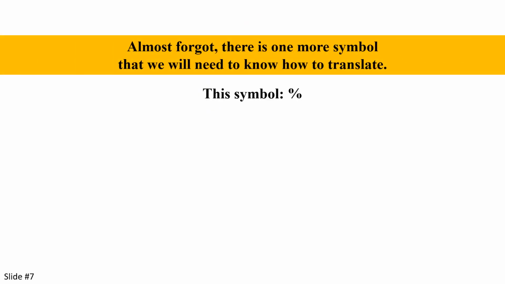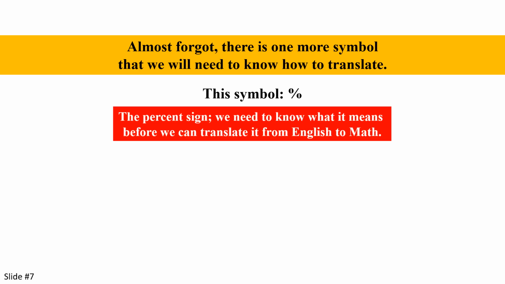Almost forgot. There's one more symbol that we will need to know how to translate. That symbol, percent. The percent sign. We need to know what it means before we can translate it from English to math. Take the word percent, split it apart into its two parts, per and cent.